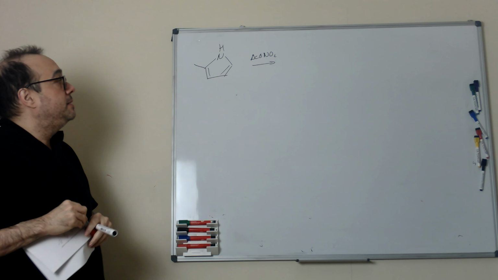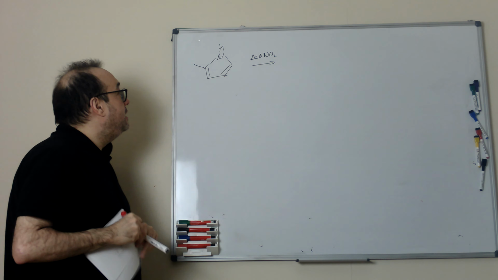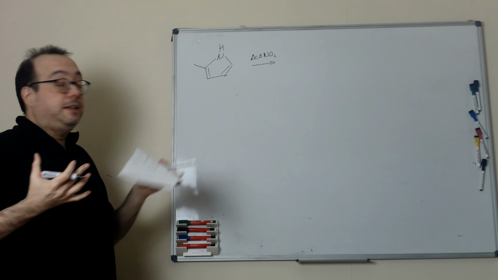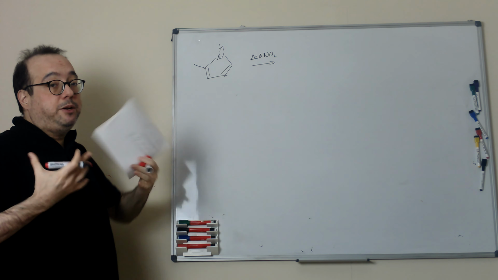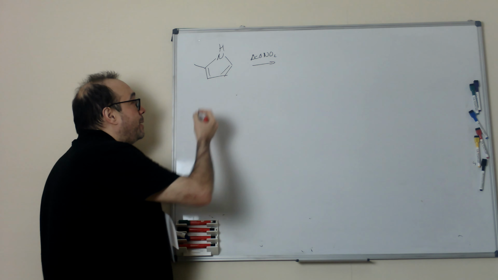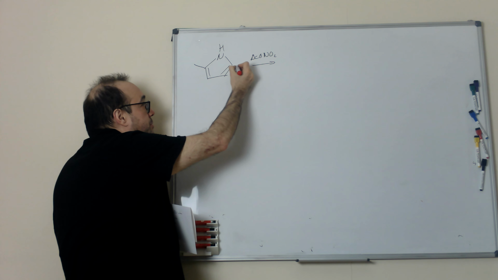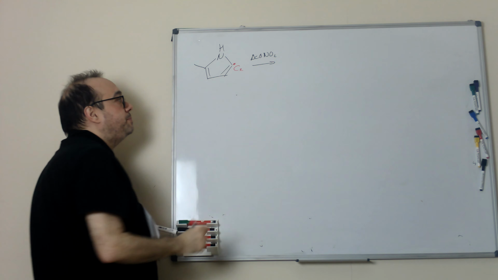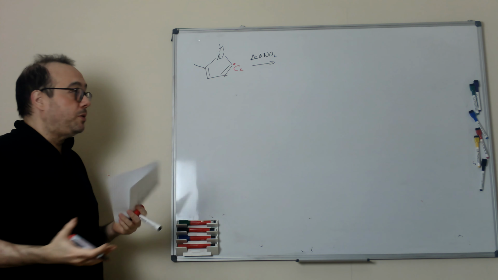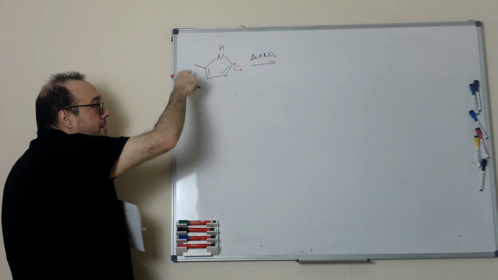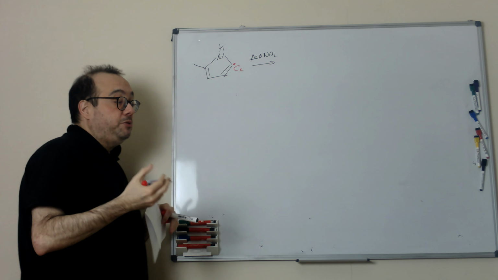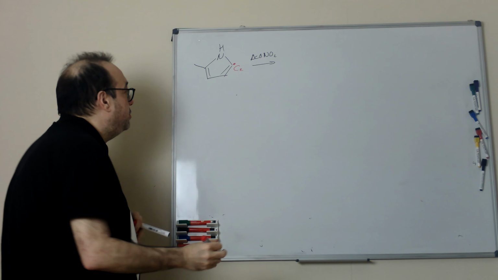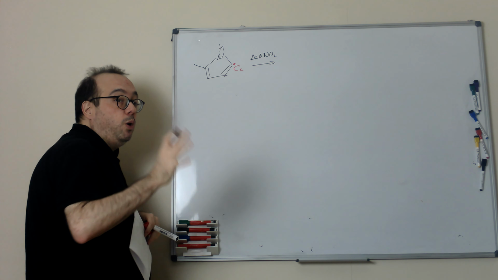How can we do it? We know that the pyrrole ring, because it's a nitrogen heteroaromatic, orients at C2. That means it's orienting to this position, only because it's a pyrrole. And then we have a methyl that, because it's an electron-donating group by induction, orients ortho-para.